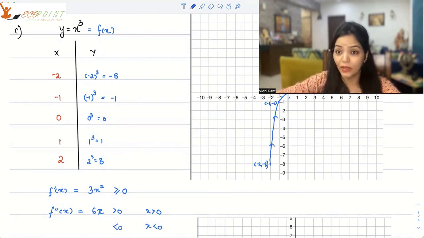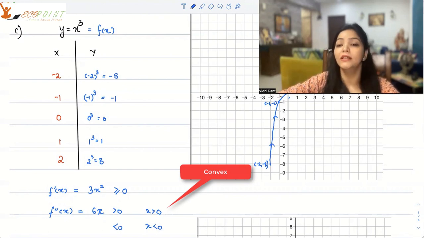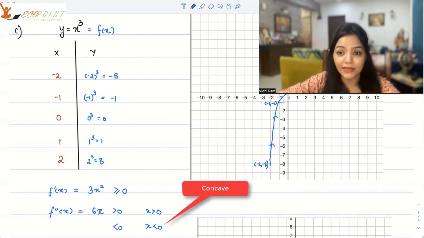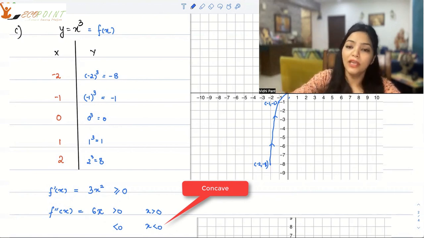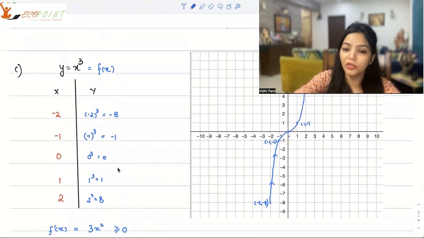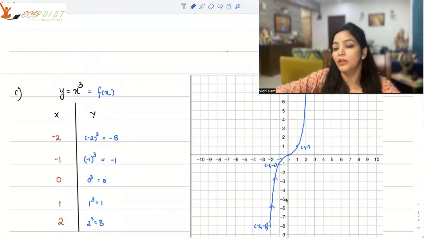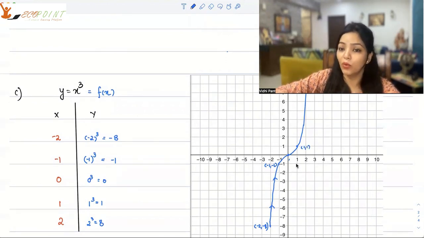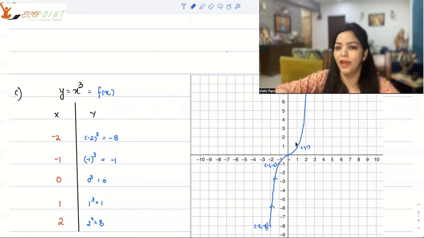When your double derivative is positive, we call the curvature convex in nature. And when the double derivative is negative, we have another name for it: we call the curvature concave. So this function is an increasing function, which is concave when x is less than 0 and convex when x is more than 0. And hence you have this kind of a curve happening here.